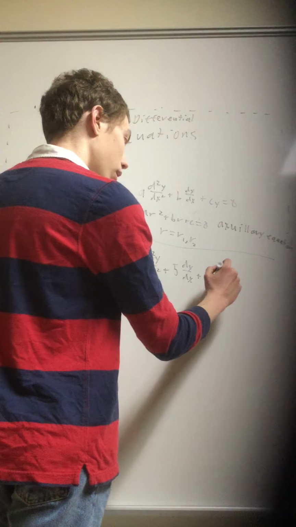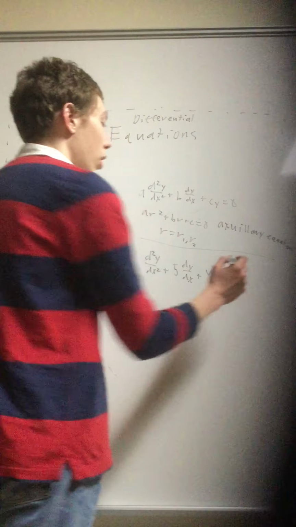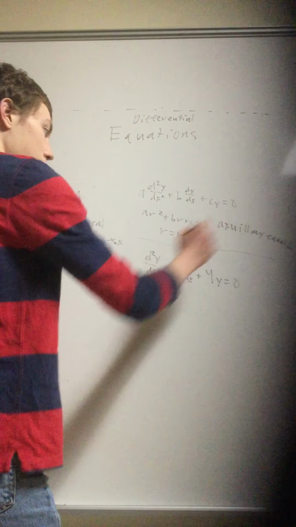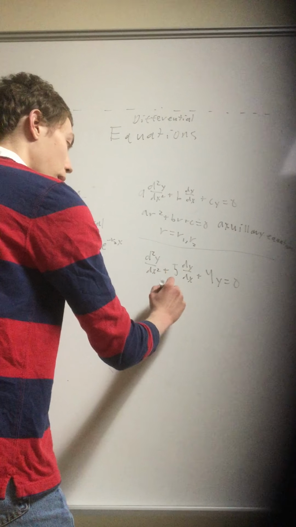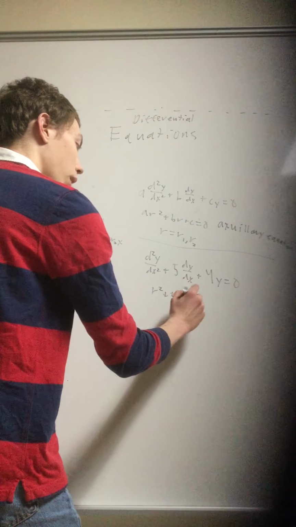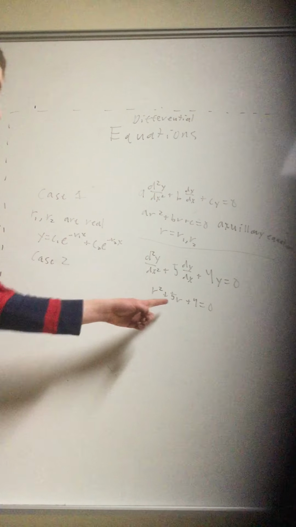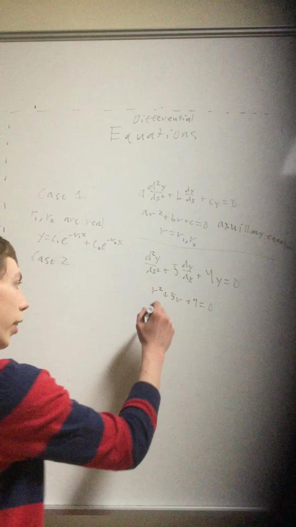Do this one. So, if you do this one, you write its auxiliary equation. It's r squared plus 5r plus 4 equals 0. Well, this can't be factored, so let's use the quadratic formula.